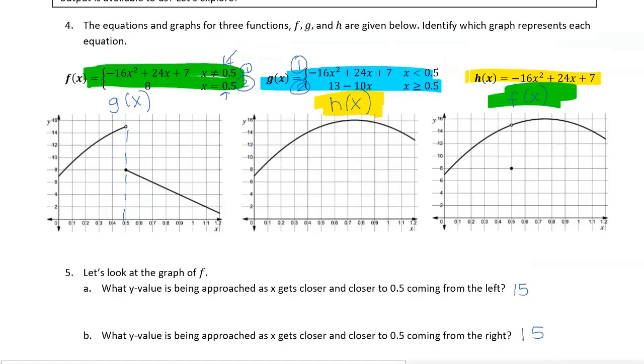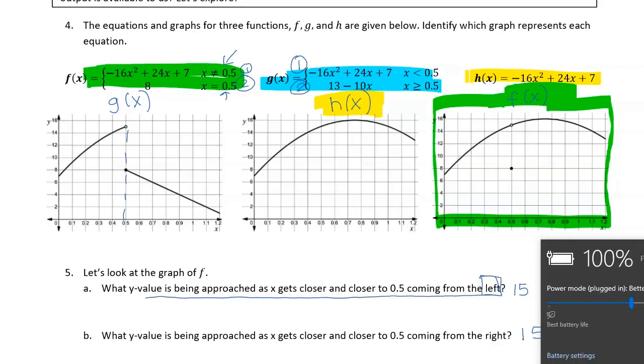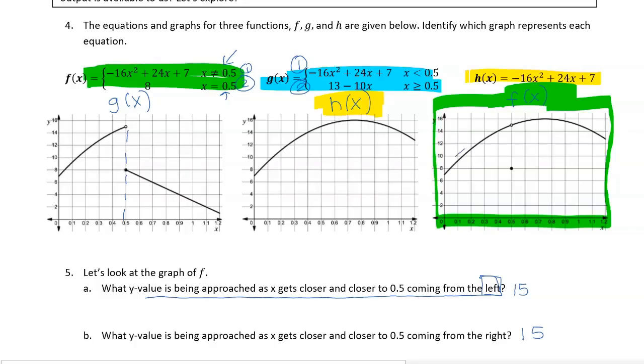For question 5, we're looking at f of x. So this is going to be this last graph over here. And it says, what y value is being approached as x gets closer and closer to 0.5 as it's coming from the left? So what I'm looking at is, as I come in here from the left, I'm getting closer and closer, and it looks like we're getting very close to 15.